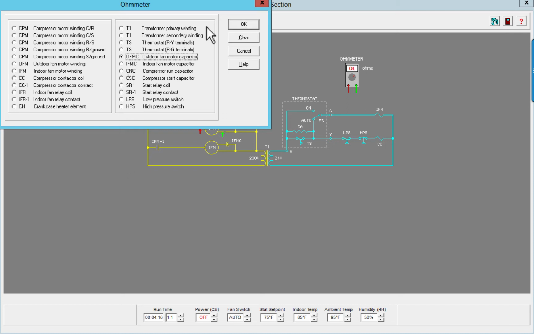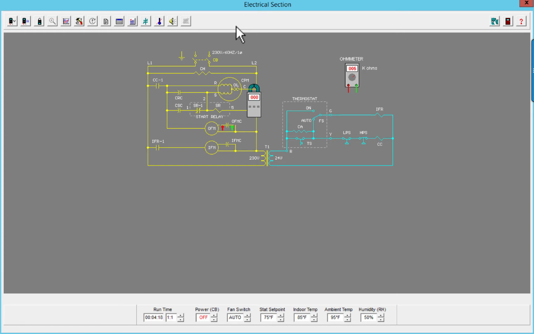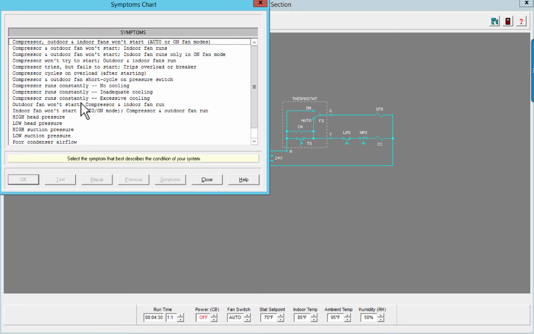Okay, let's make sure the capacitor is good. You'll see that it goes up and then to open. So my capacitor is actually good. Okay, so we have a bad outdoor fan motor. So if I do the repair work, outdoor fan won't start.